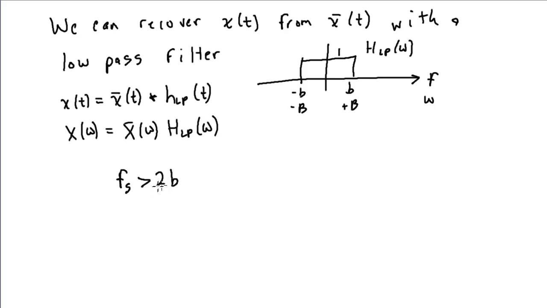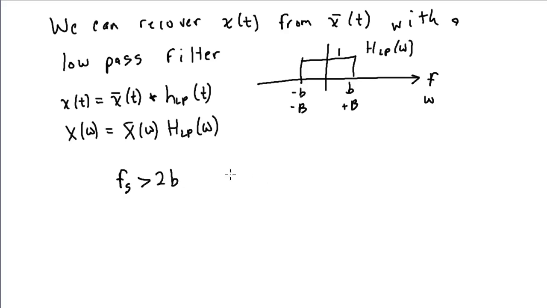If I ideally sample that signal at a frequency greater than 20,000 hertz, 2 times 10,000, then I'm going to have space between these replicas in the sampled signal, and I'll be able to recover then the original spectrum and the original signal from that sampled signal.